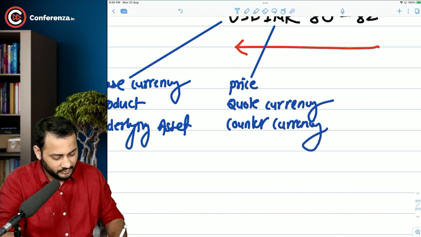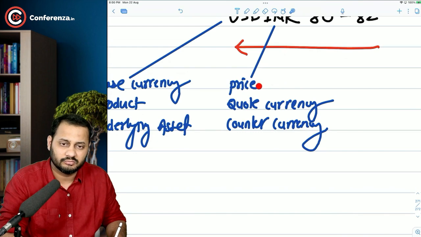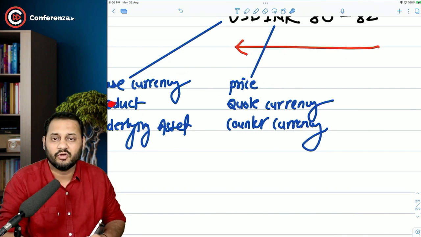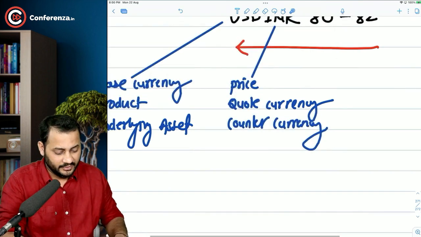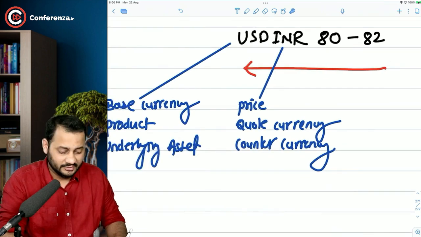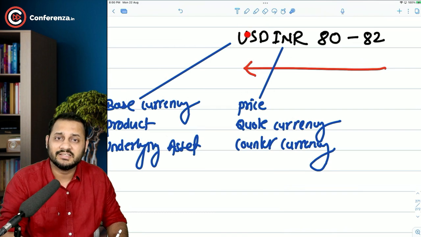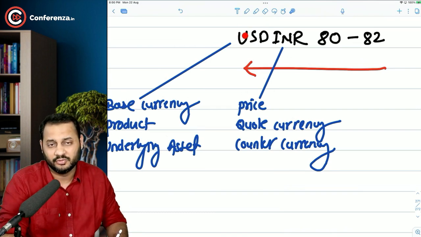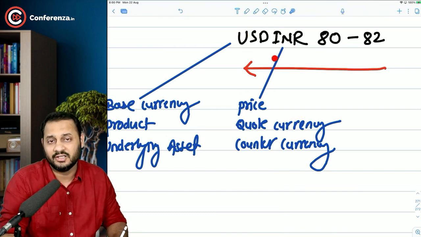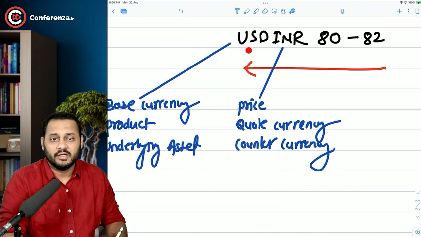So mostly we will call it a price for the product that we are buying. Keep it in mind and read it like this: INR 80 for 1 packet of Maggi, for 1 Hide and Seek, for 1 Parle-G, or anything. But USD is a product in this question. Don't treat it as a currency that you use in daily life in this part.